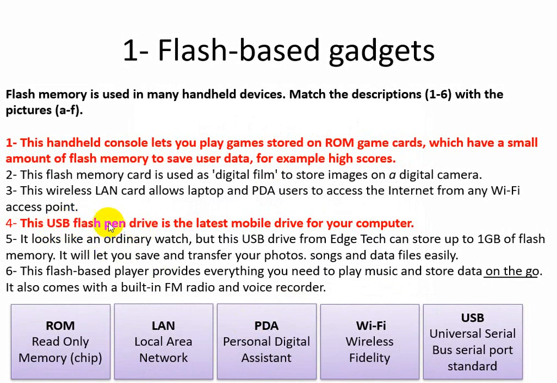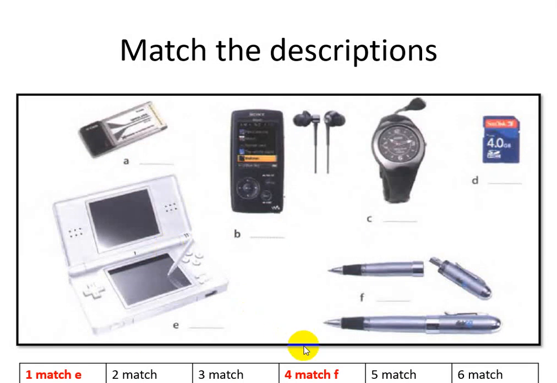So this flash pen can be used as a mobile drive for your computer. Okay, and that matches number 4 here. So the watch is there, and this is the radio and the rest of it.